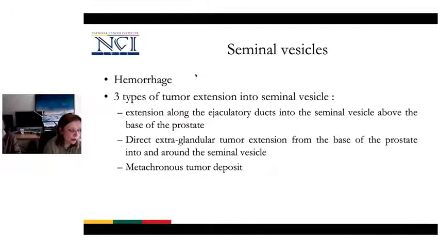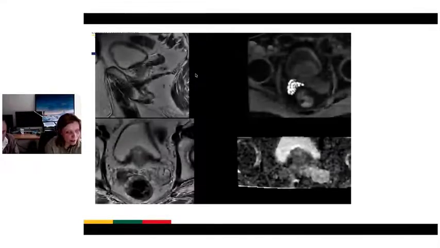But talking about cancer, sometimes it's not so easy. We have 3 types of tumor extension into seminal vesicles. It could be extension along ducts, direct tumor extension, or metastasis, like metachronous tumor deposits in vesicles. And to find out that it's hemorrhage is quite easy.